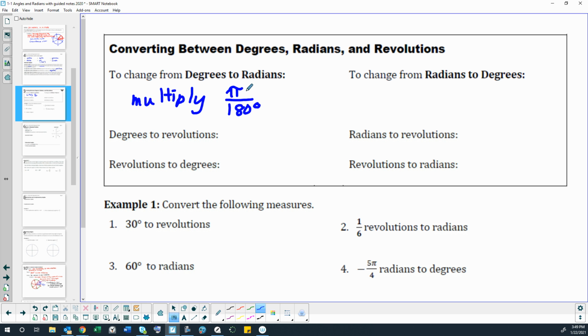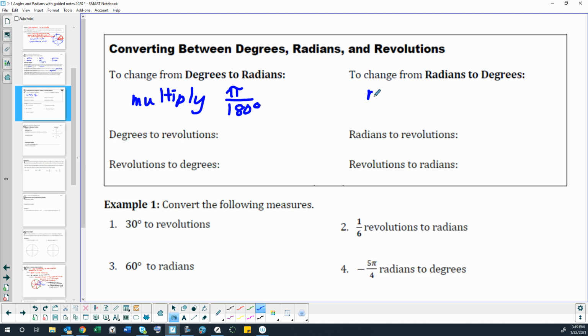Because both the top and the bottom would divide by 2. Now the other thing to keep in mind is you always put the unit on the top that you're trying to change to, and you put the unit on the bottom that you are changing from. So since we're going from degrees to radians, we've got the degrees on the bottom of the fraction in the denominator and the pi on the top in the numerator.